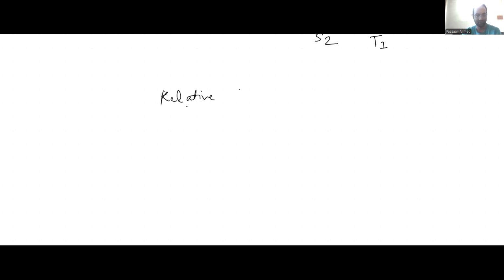So what happens is that to give you this idea, suppose I give you two scenarios. In one scenario, you are covering a distance of 5 kilometers, and your speed is, let's say, 50 meter per second.